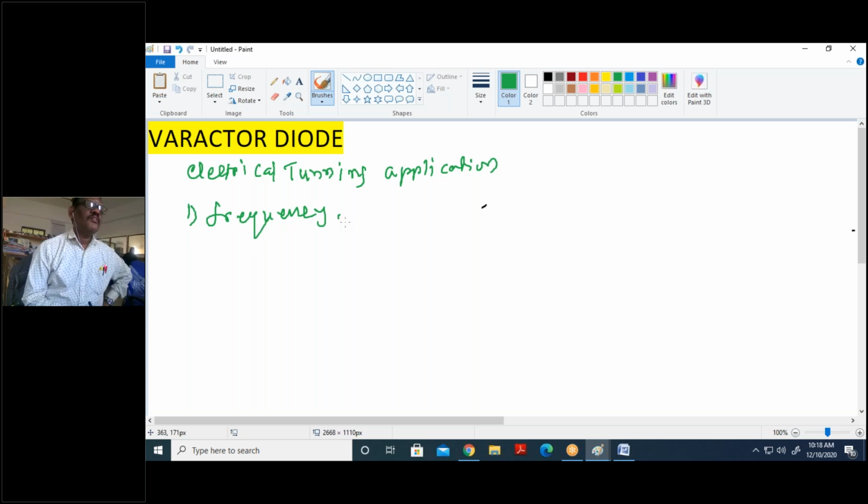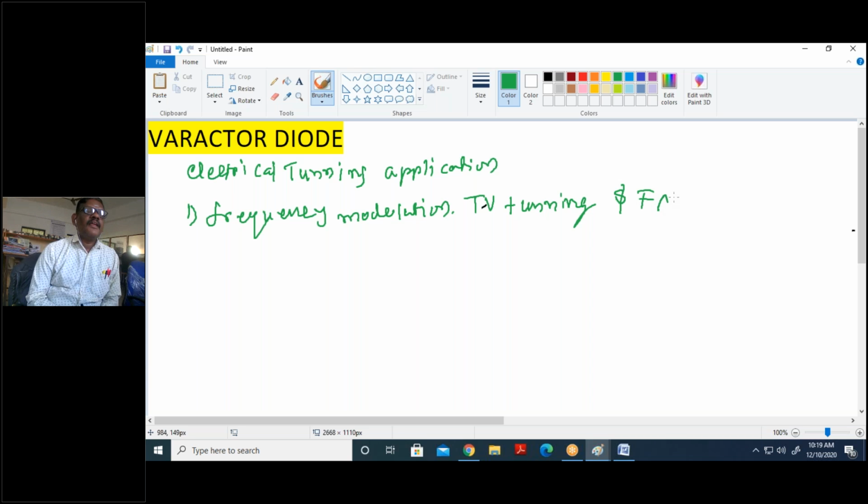Example, in television tuning. Television tuners are designed by Varactor diode only, and FM radios.